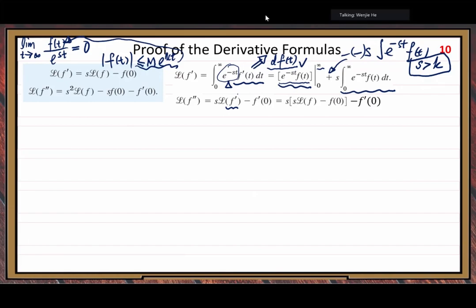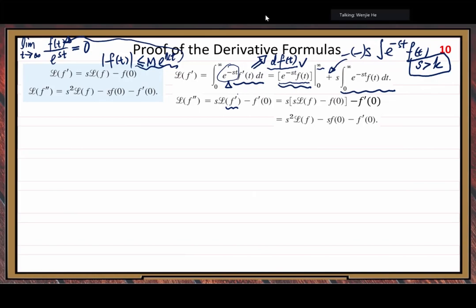Then after simplification, s squared times the Laplace transform of f. Then use these two initial conditions. The second formula. So we proved, we verified these two formulas.